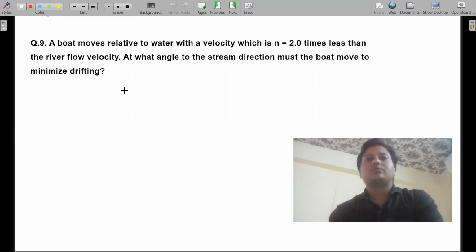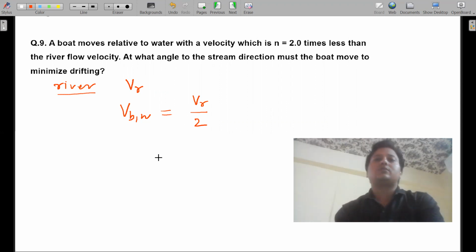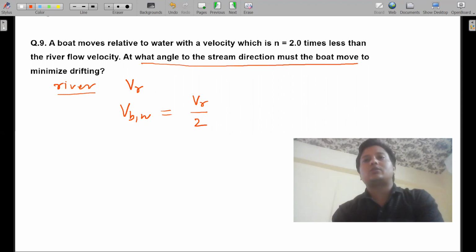We can assume river velocity as Vr, and therefore the velocity of boat relative to water is Vr over 2. At what angle to the stream direction must the boat move to minimize drifting?